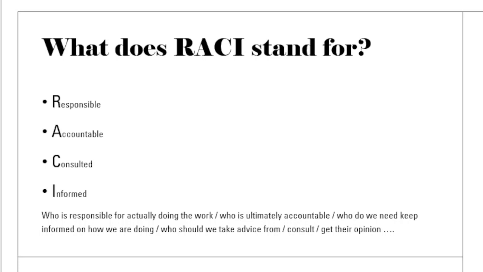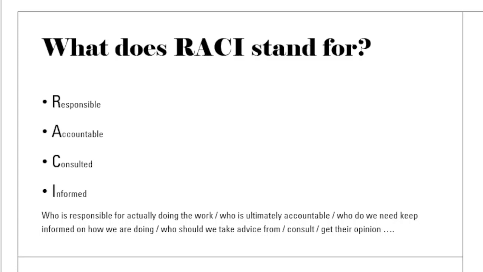But fundamentally, a RACI matrix shows who's responsible for actually doing the work, who are the doers, who are actually fixing that or dealing with it on a day-to-day basis, who's ultimately accountable. So perhaps the people who are accountable, they're not actually doing it, but the buck stops with them if things go horribly wrong.